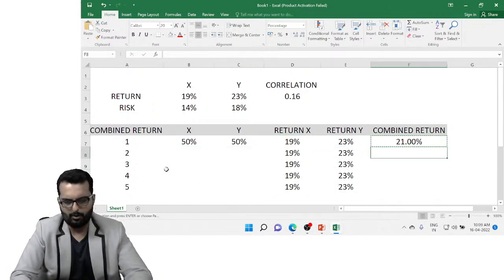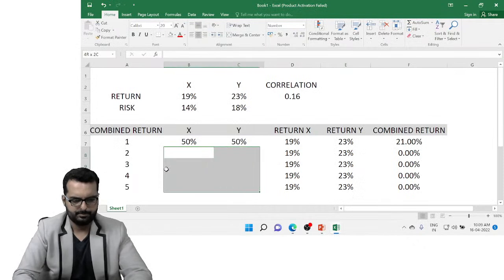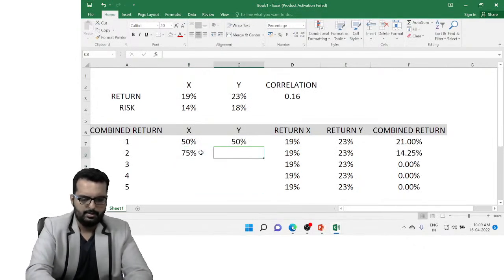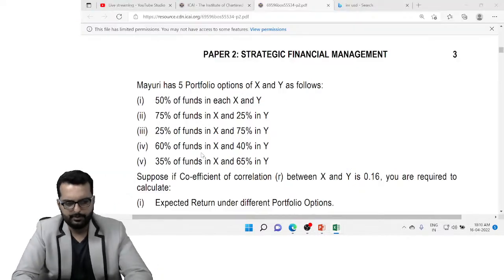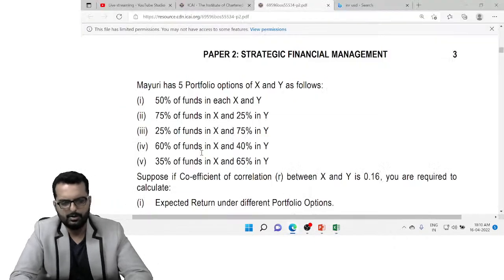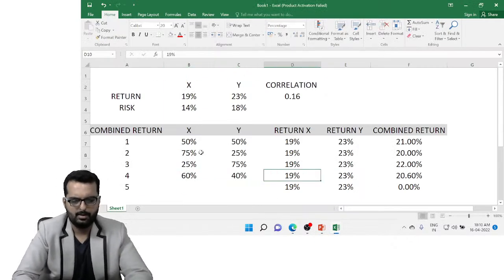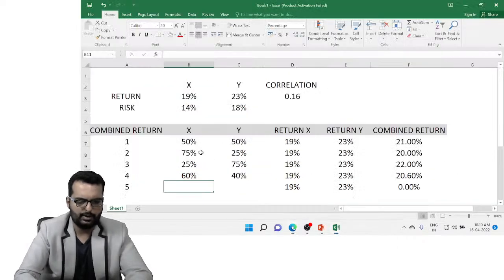This formula will also be the same. Only what will change? Weights will change. It will be 75, 25. Then you have 25, 75. Then you have 60, 40. And then you have 35, 65.